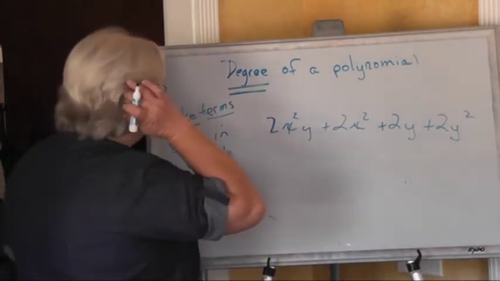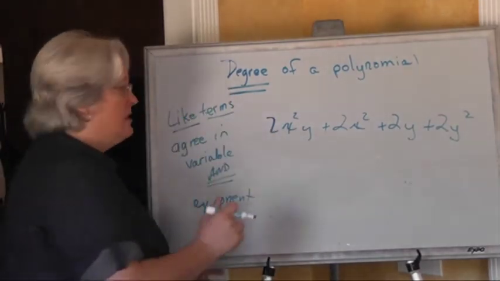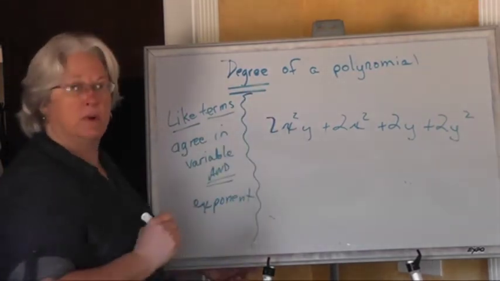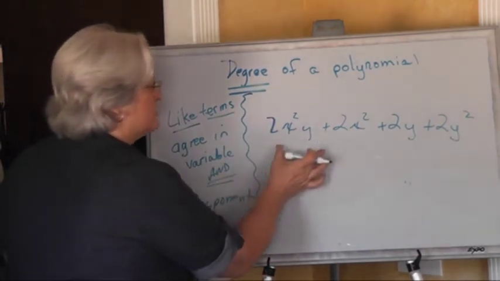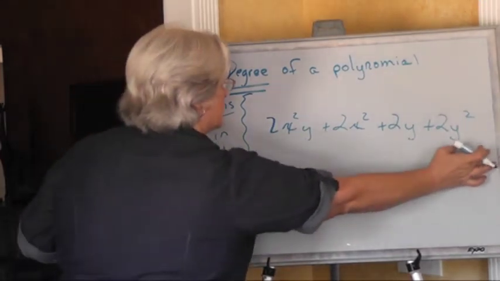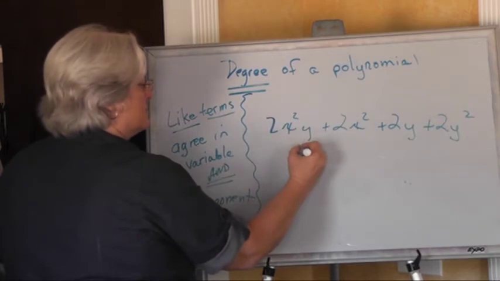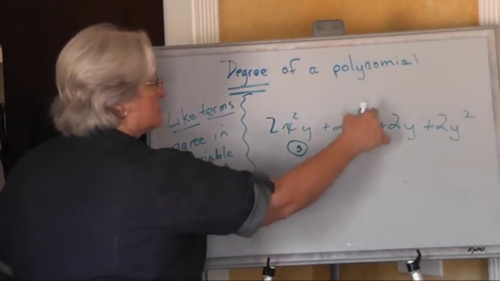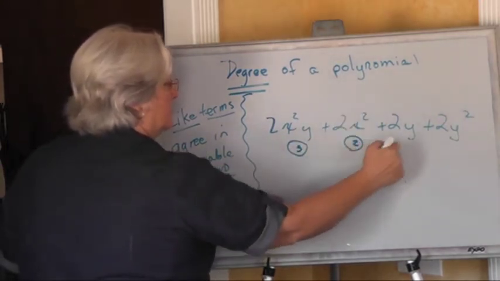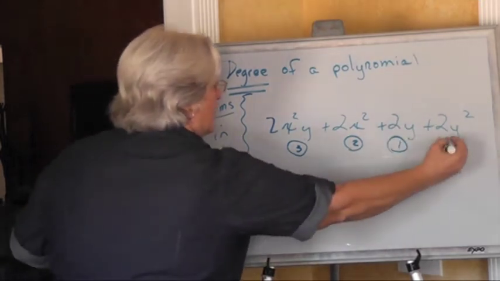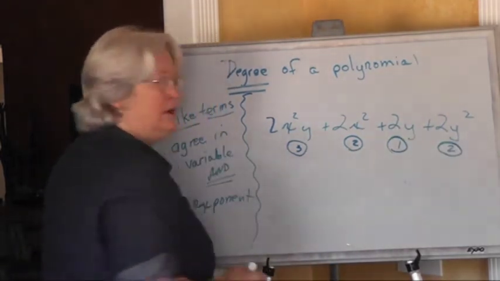So the degree of a polynomial, what you have to do is if we wanted to find the degree of this polynomial, we have to consider each term individually. See what the degree of each term is. 2 plus 1, this is degree 3, x squared, degree 2, y to the first, degree 1, y squared, degree 2.